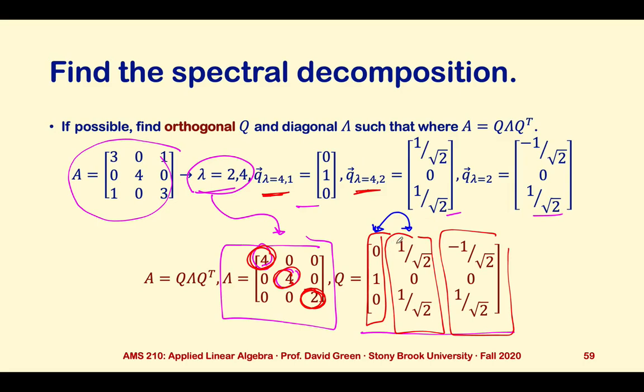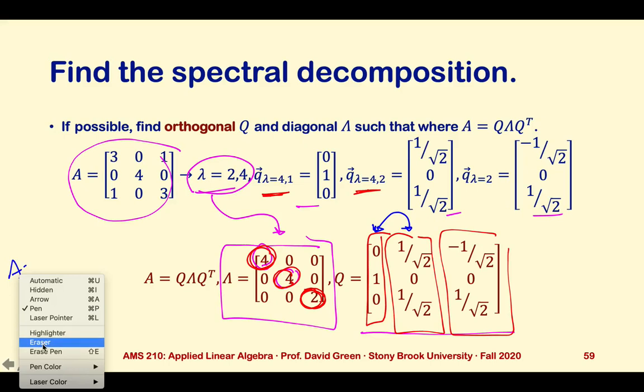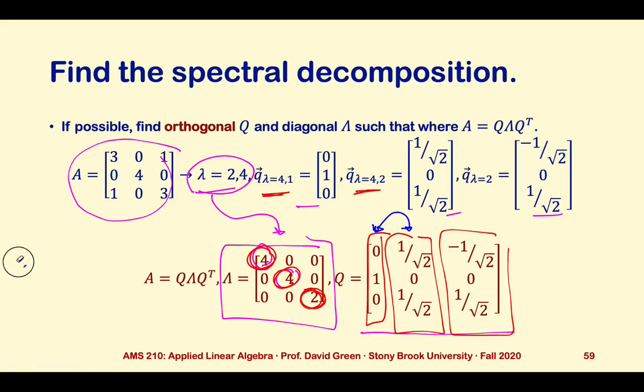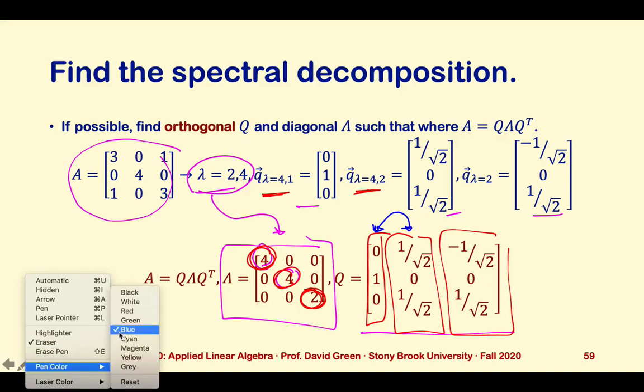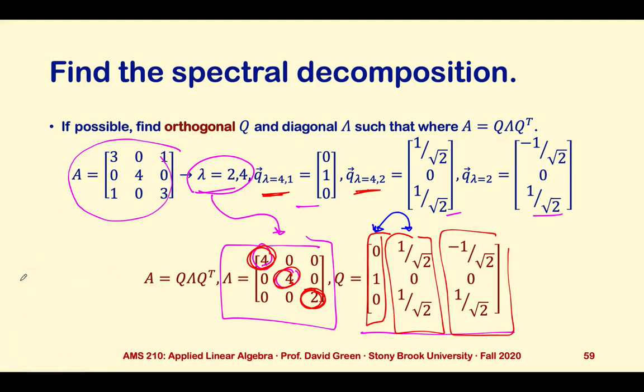Their order doesn't matter as long as they match up with these. We also could have ordered lambda differently. I could have defined lambda as, say, 2, 4, 4.